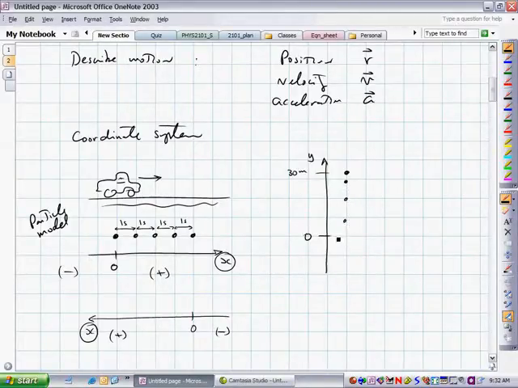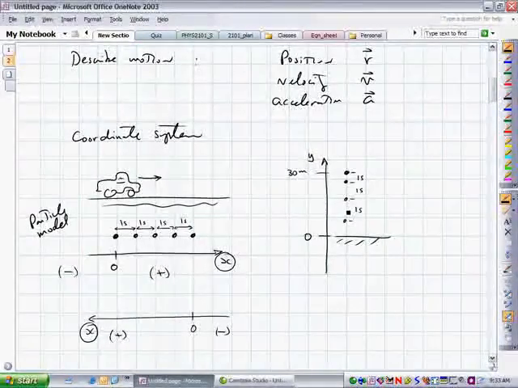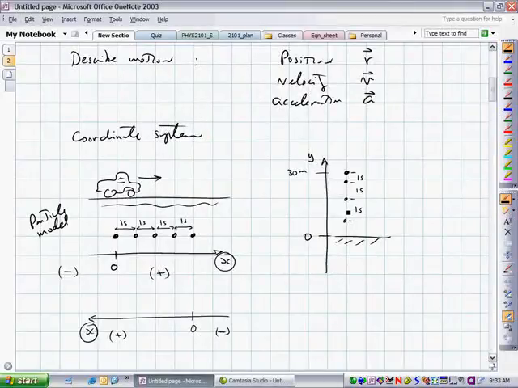So as the rock nears the ground, then the distance between each dot, which once again, let's say each dot shows a 1 second interval, increases due to the fact that our rock is picking up speed as it falls towards the ground.